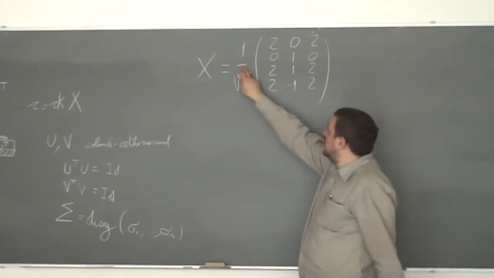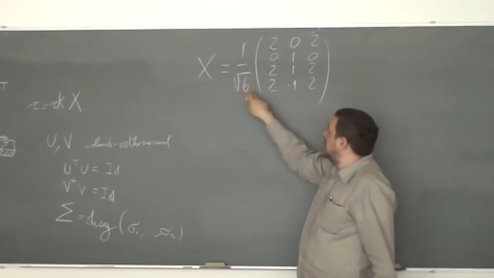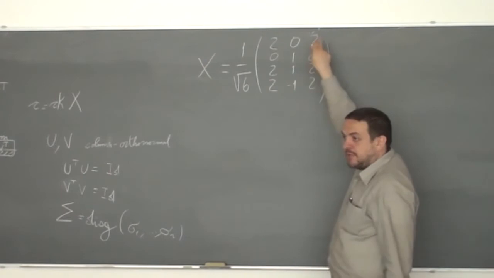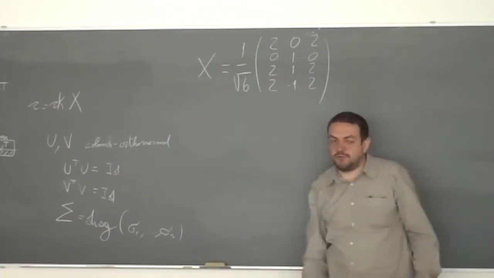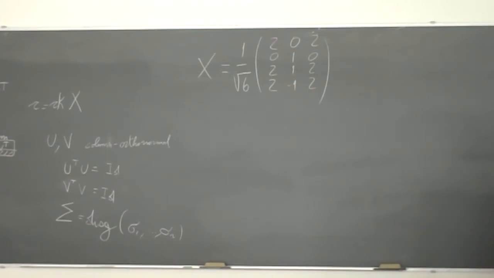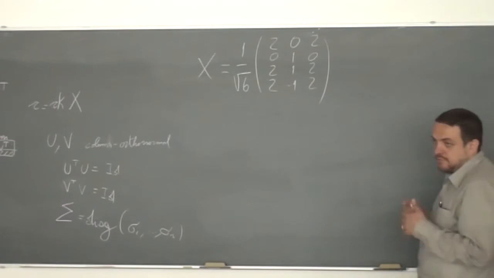Actually here, I've taken out a multiplier which should multiply all numbers. I just collected this 1 divided by square root of 6 here, because this will help us deal with integer numbers in the rest of the exercise. So take it as a normalization factor.